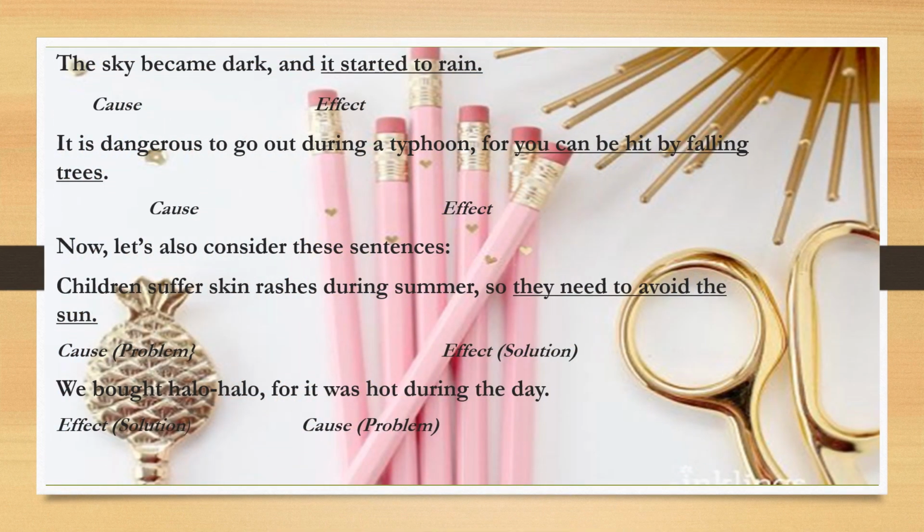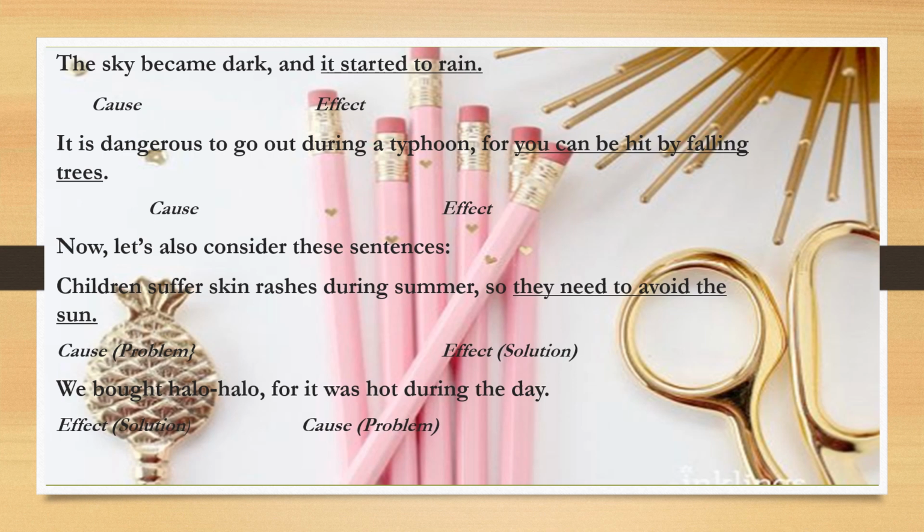Now, let us take a look at more compound sentences using the sentences you encountered earlier. Note that in each sentence, there is a cause and an effect. The sentence is, the sky became dark and it started to rain. The sky became dark is the cause, it started to rain is the effect.